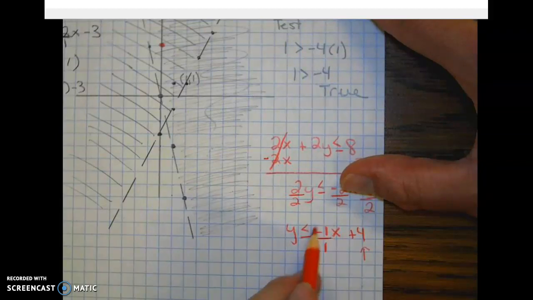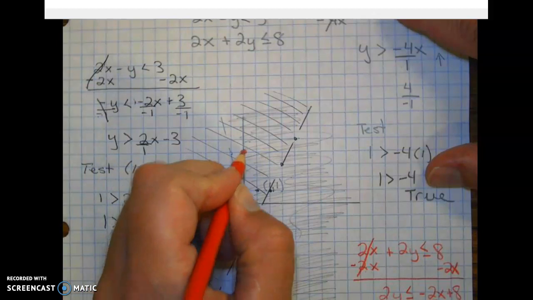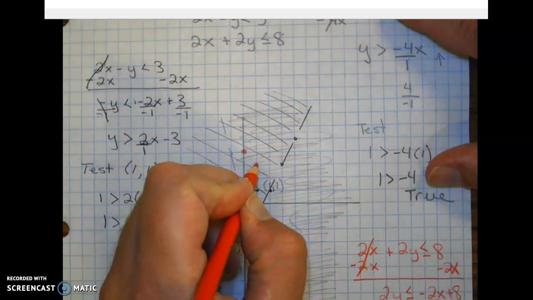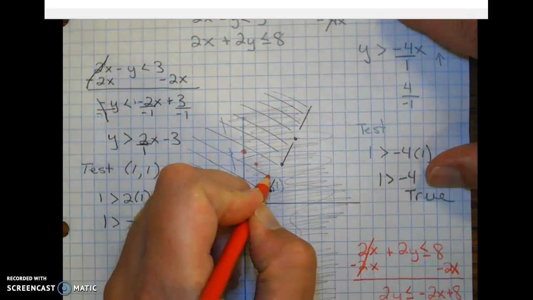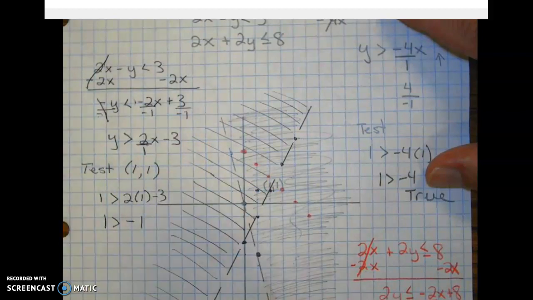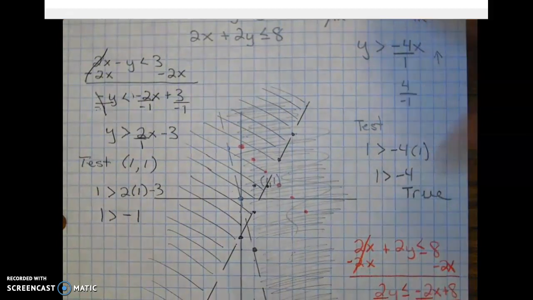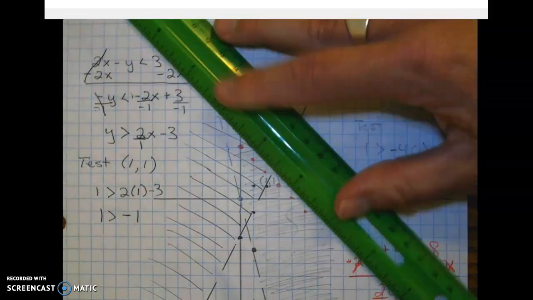Now you see why I left the 1 on there. Down 1, right 1. So from this starting point, down 1, right 1. All right. Okay. Since we have an equal in this inequality, we're going to make a solid line.